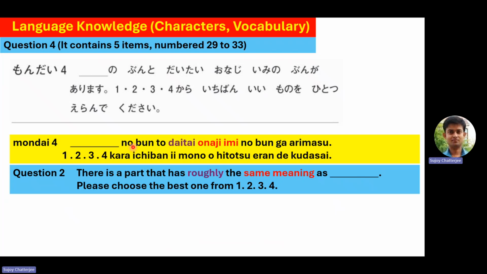As we have seen with the kanji for bun on the first slide itself, it can mean minute, and it can mean part. So dash no bun means the part given in the dash. To daitai onaji imi has roughly the same meaning. There is a part that has roughly the same meaning as that given in the space provided. Ichi ni san yon kara ichiban ii mono hitotsu erande kudasai. Please choose the best one from 1, 2, 3, 4.